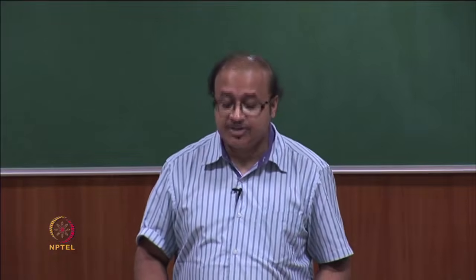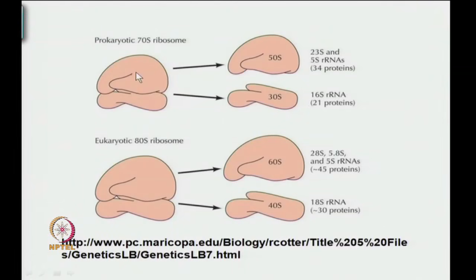So, as I said, this is a schematic. The top one is prokaryotic and the bottom one is eukaryotic. If you follow my arrow, in the prokaryotic ribosome, the 70S one, the bacterial one, there are two units, the bigger one and the smaller one, as shown by two arrows.